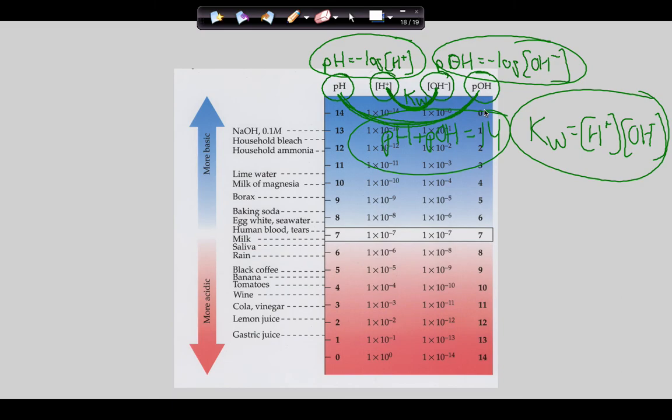But this reality that pH plus pOH is 14 is actually based upon this. If you plug in 1 times 10 to the negative 14th for Kw, and then take the negative log of all of them, this ends up being 14, this ends up being pH, this ends up being pOH, and that's another reflexive thing that we can use. And you'll notice that it's also on the equation sheet. See where it says 14 is equal to pH plus pOH?